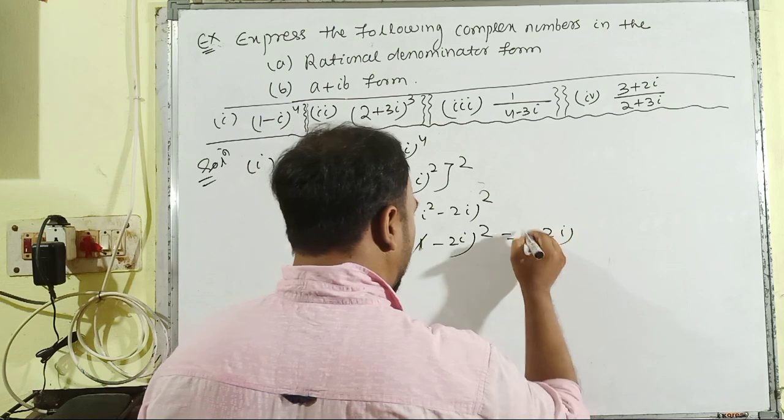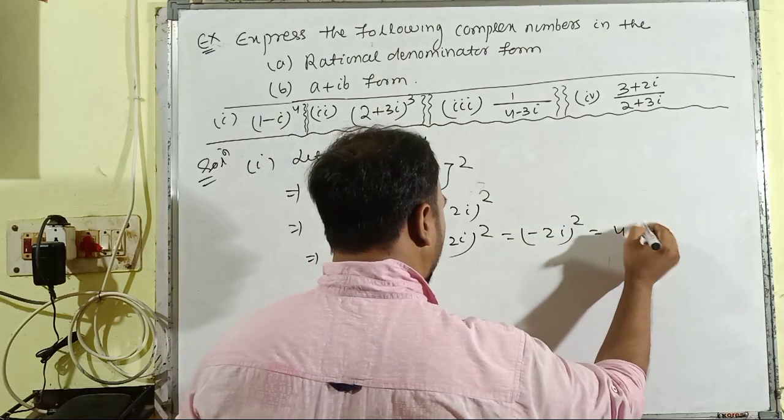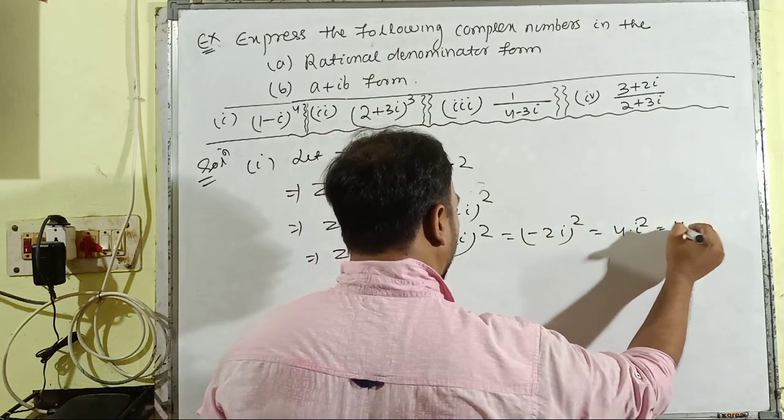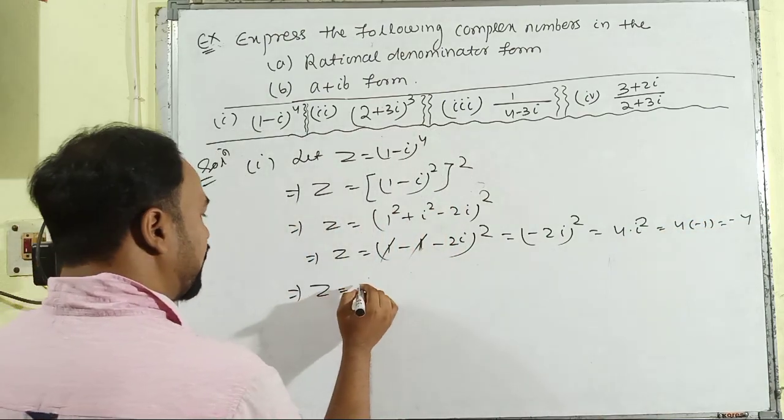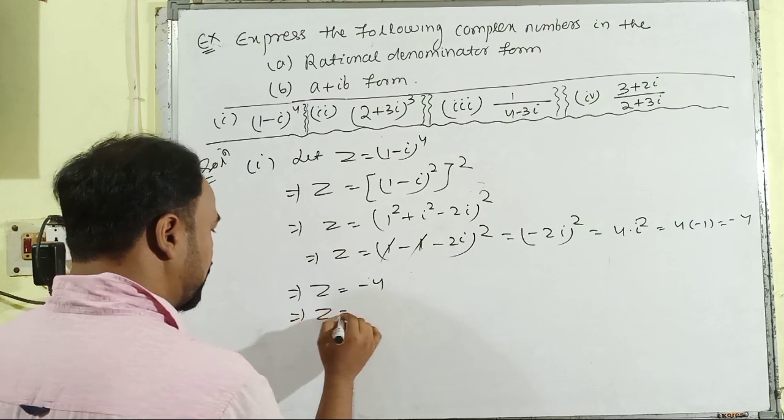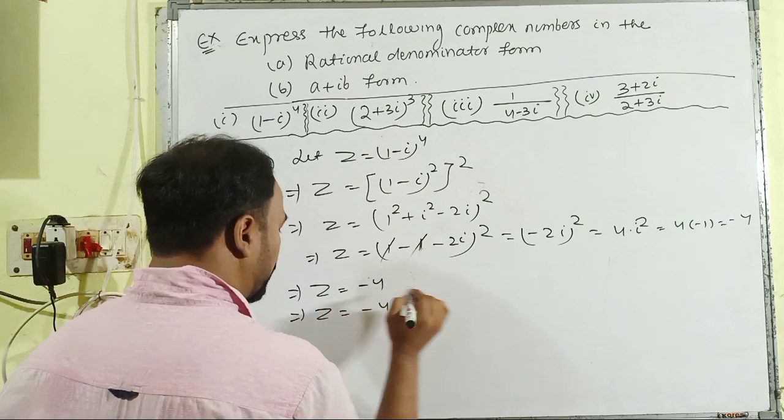Then it is the whole square of minus 2i, that means 4i square, and it is 4 into minus 1, that is minus 4. That means here we have z is equal to minus 4, that means z is equal to minus 4 plus 0i.